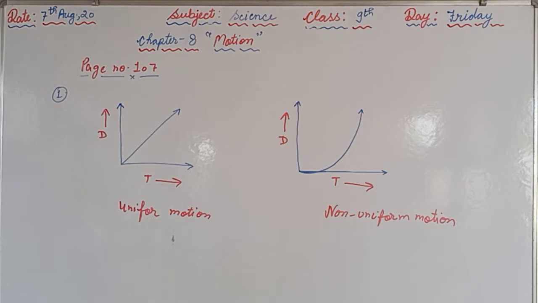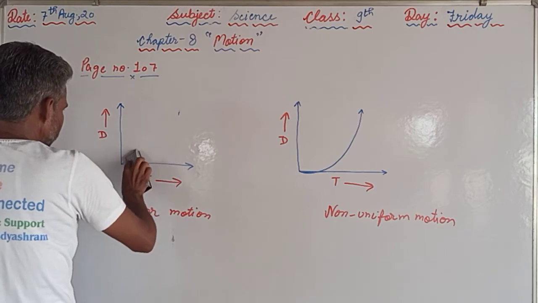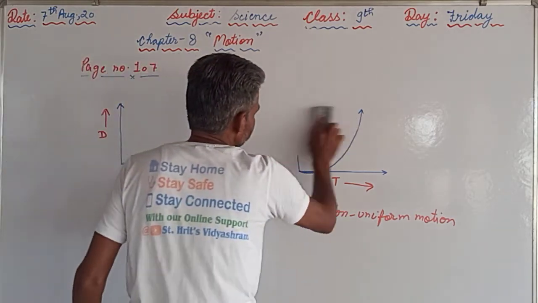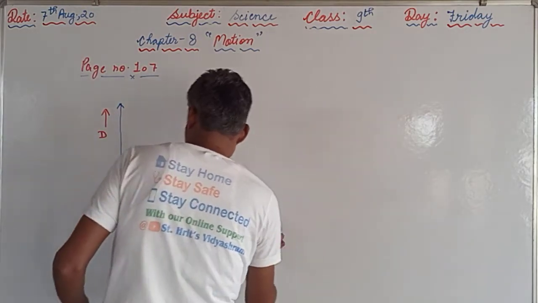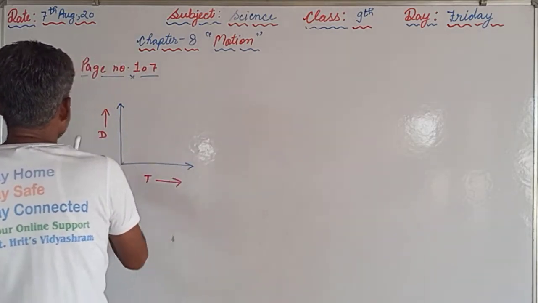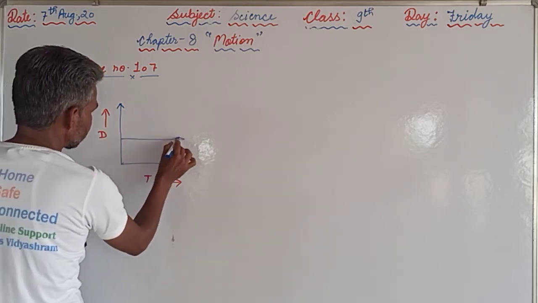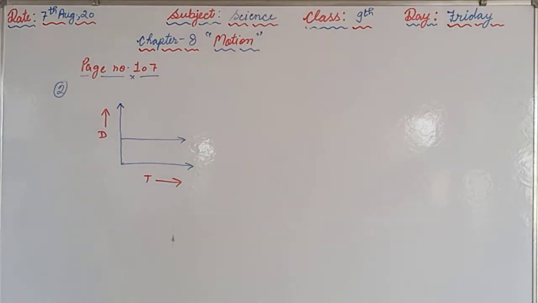Now question number 2. What do you say after observing the graph given below? The distance time graph is given in question number 2, and in that graph the line is parallel to the time axis.